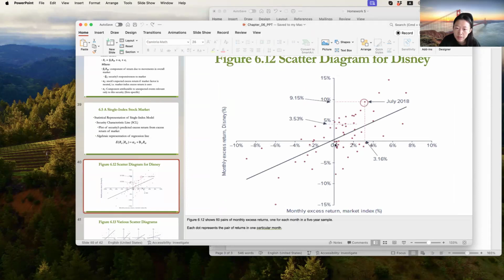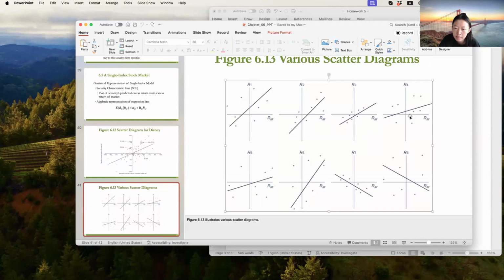You see that if the slope is steeper, that means this individual stock is more sensitive to the market movement. If the slope is flatter, then no matter how big the movement in market return is, the individual return is not going to increase by the same amount.